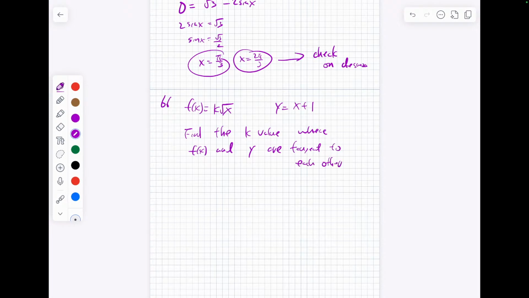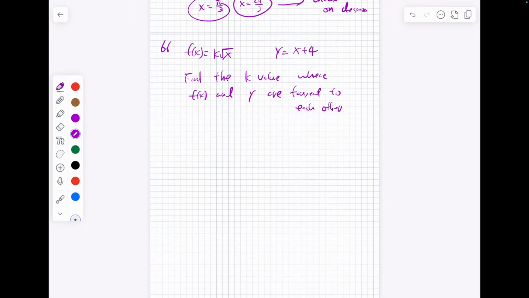What do you mean by tangent to each other? Wait, hold on a second. It's not x plus 1, it's x plus 4. Yes, it's sort of like this: they are touching each other. So I will graph it to show you. The graph of x plus 4 is going to be some type of line.